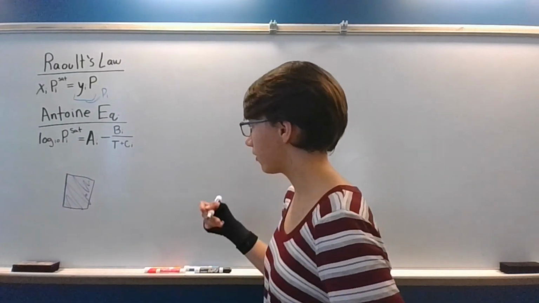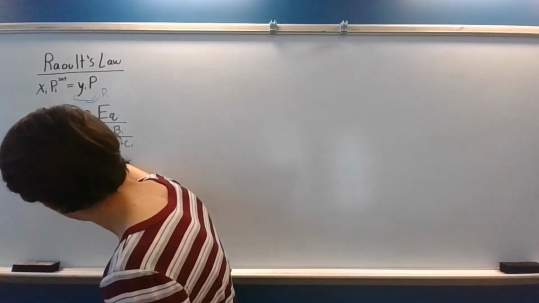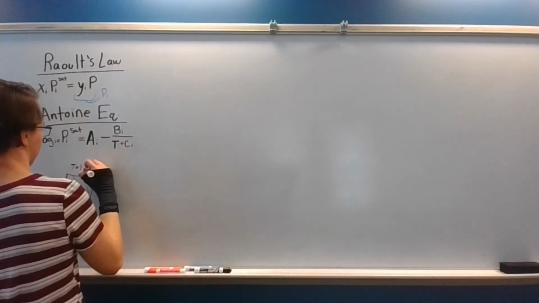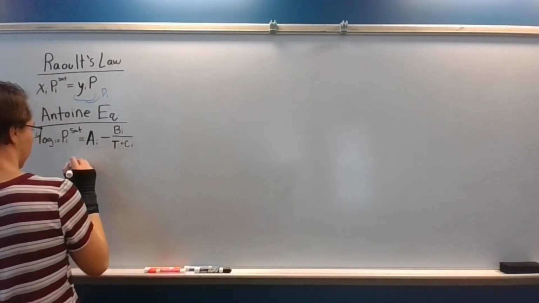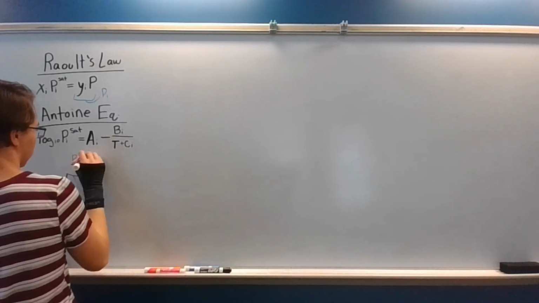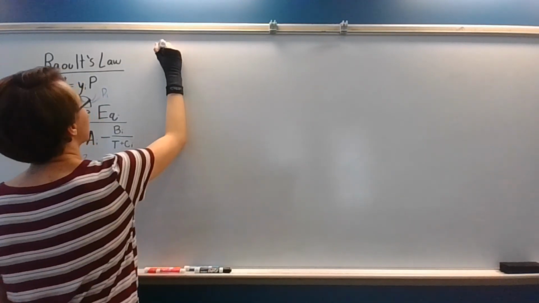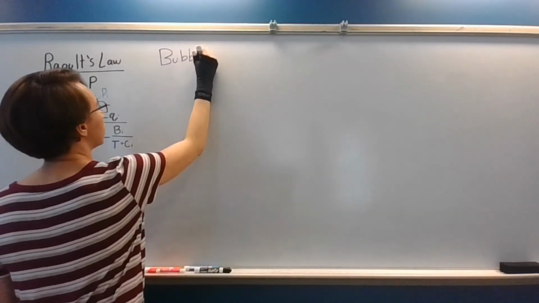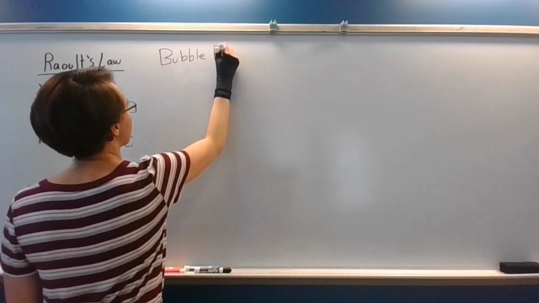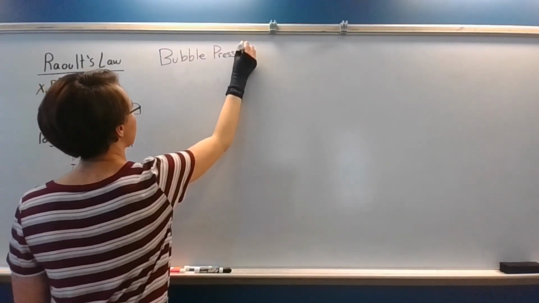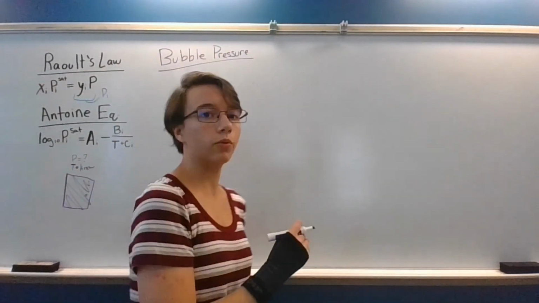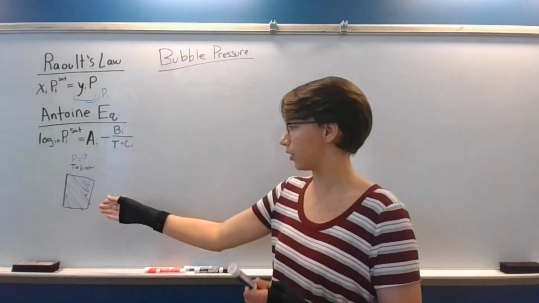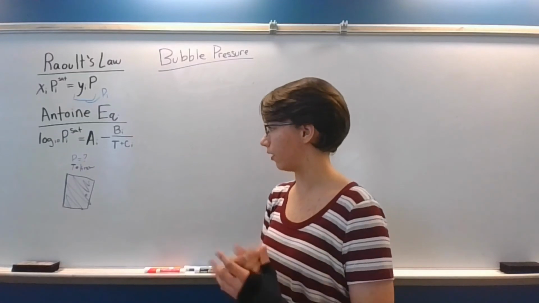As I said, temperature, we're going to know, and then pressure is going to be a question mark. So let's find the bubble pressure. This will be the pressure at which, at a known temperature, the mixture will start to form a bubble of the vapor phase.